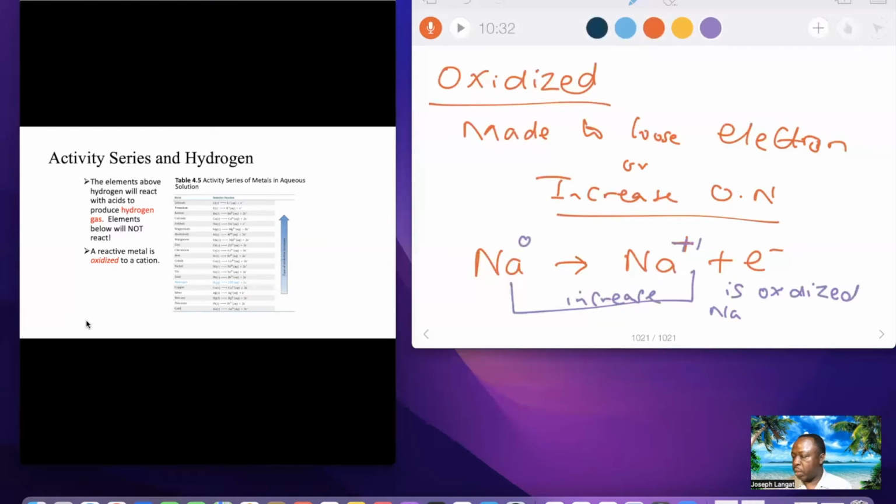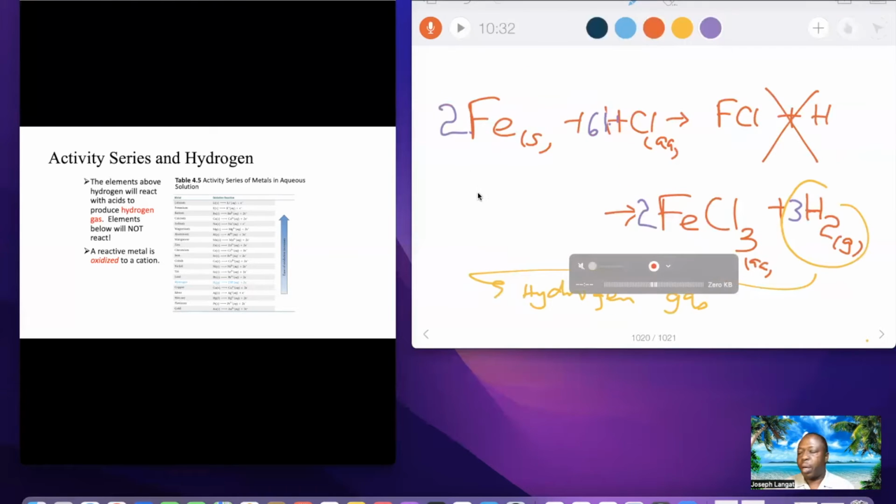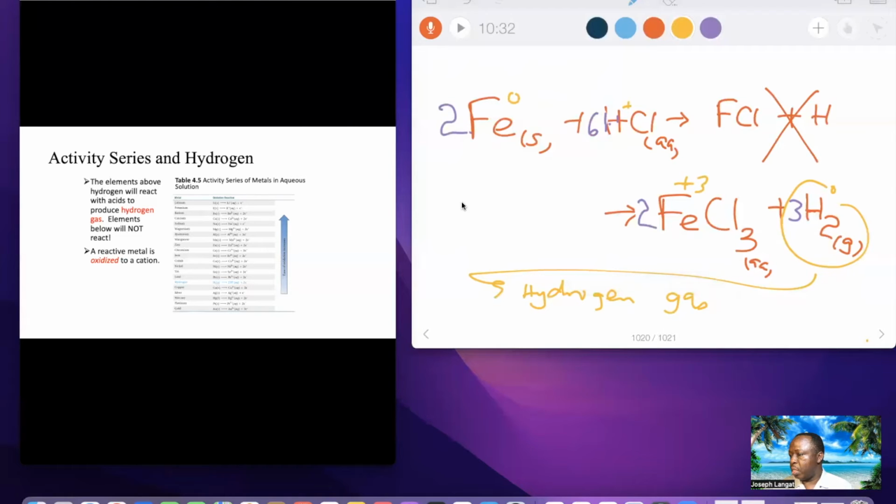To lose electron. If we go back here, the oxidation state of iron is 0, but when it gets here, it is +3. You need to see that. This is +1, this is 0 here, this is -1, this is -1. You will see which species has been oxidized, which one has been reduced.